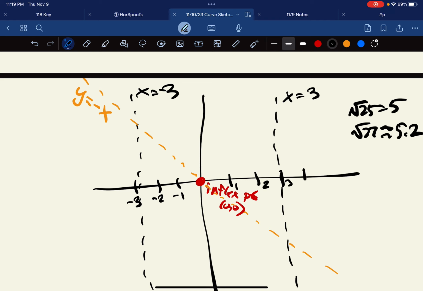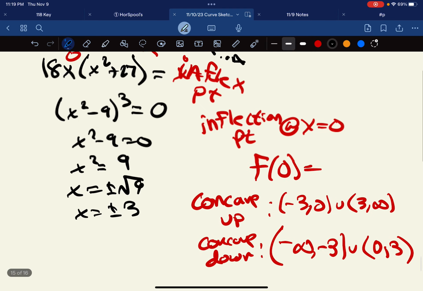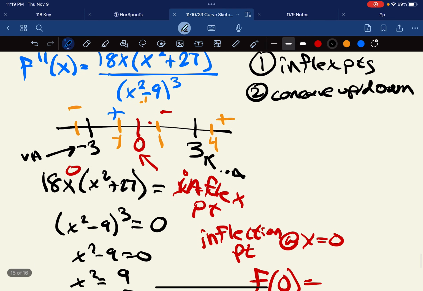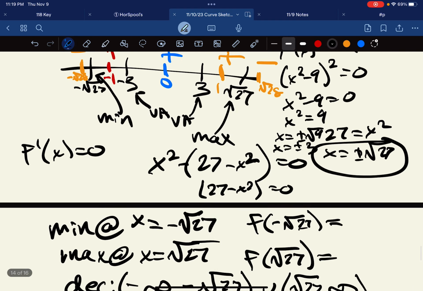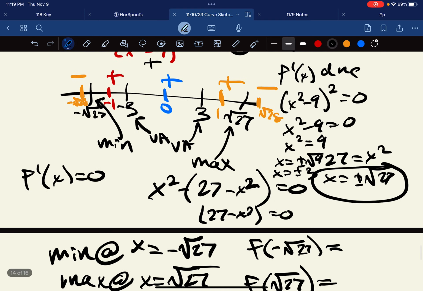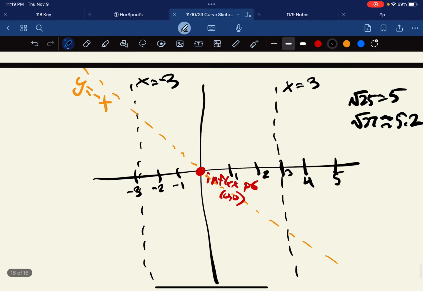We are going to put a maximum, and without plugging in, we really don't know what our minimum is at.